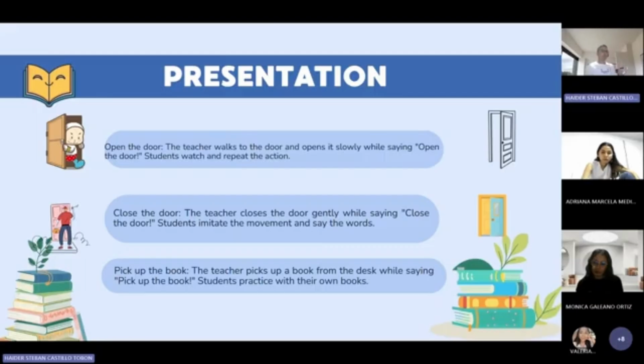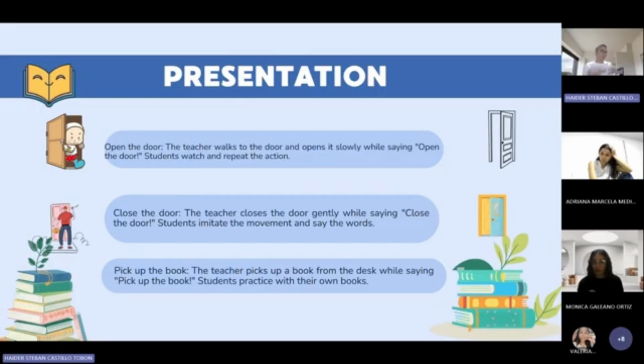In the presentation, you can look at the different scenarios or different opportunities that you can practice and make the actions in your house or in your office or in different sites.